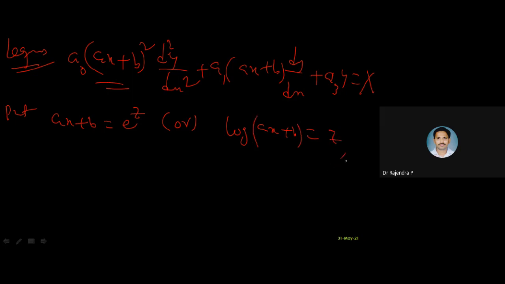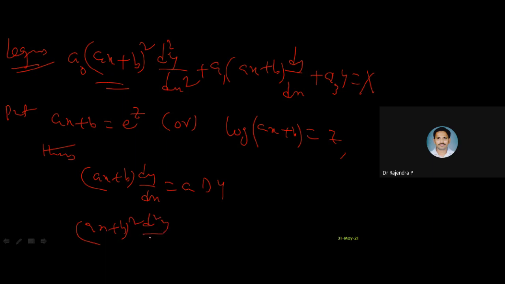In our derivations, what I observed is that ax plus b into dy by dx, I am able to write as a into dy, and ax plus b whole square d square y by dx square, I am able to write as a square into D into D minus 1 into y.